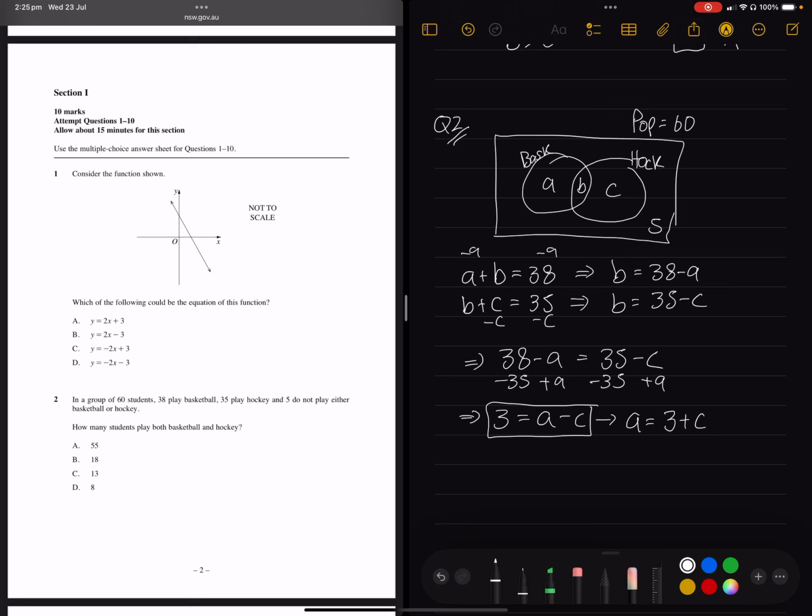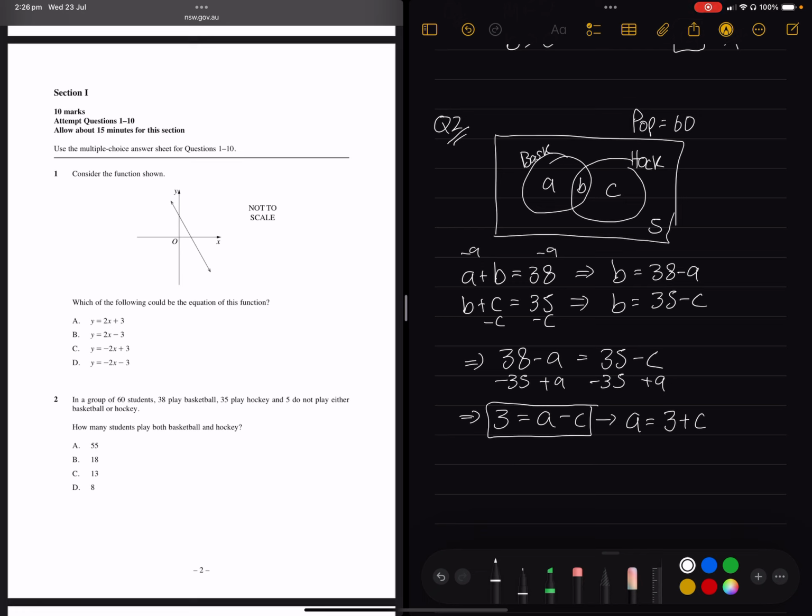Now we were told 38 play basketball, and that's A plus B. We were told 35 play hockey. That's B plus C. So now we want to think about the fact that the number in hockey is differing by the number in basketball by 3. Because we know what the totals are going to be.